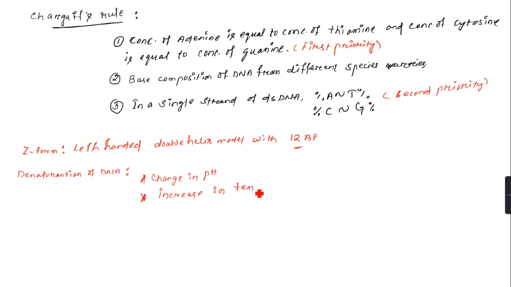These two factors cause separation of the double strand. Due to the separation of the double strand of DNA, that is called denaturation. Due to this the helical structure of the DNA breaks.